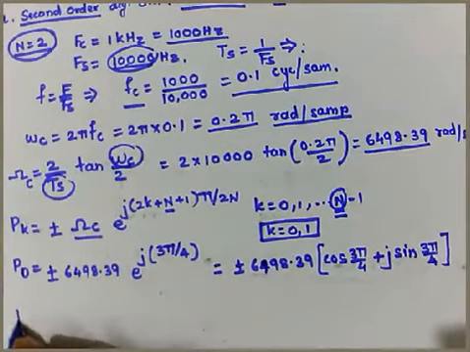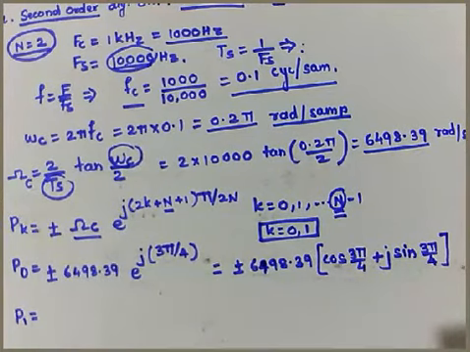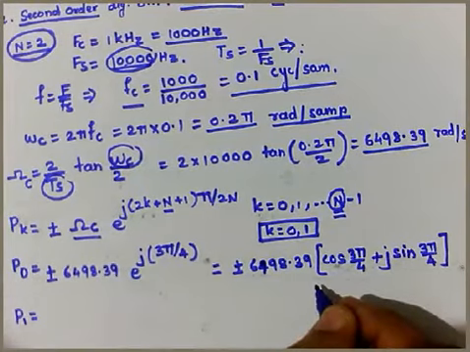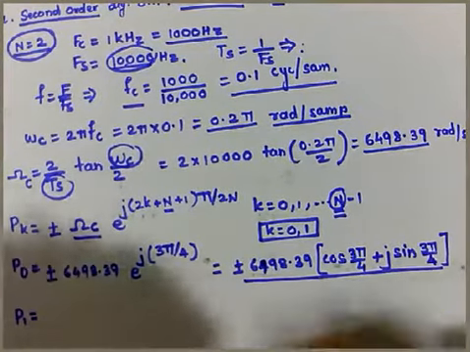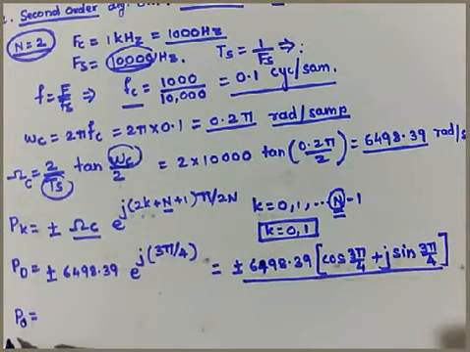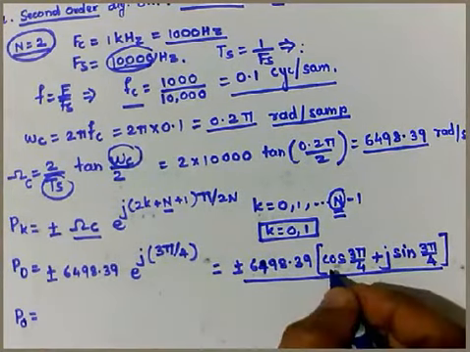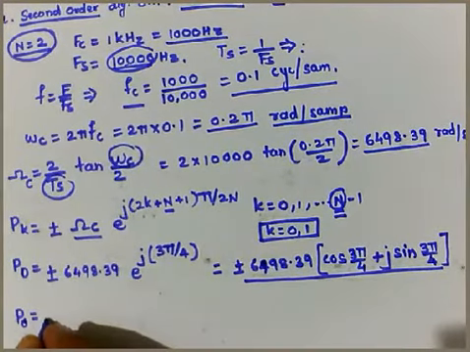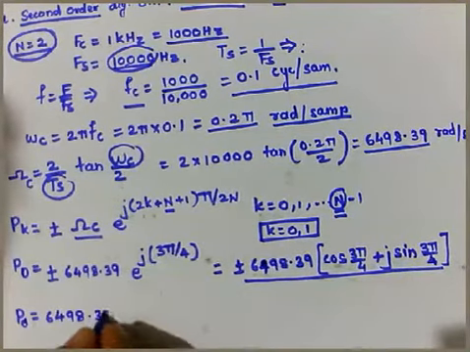Now the next value which we can calculate is P1. But first, we can further simplify it. By solving, let me write the answer directly. So P0 will be actually the conjugate value. First time it will be positive value, so 6498.39.